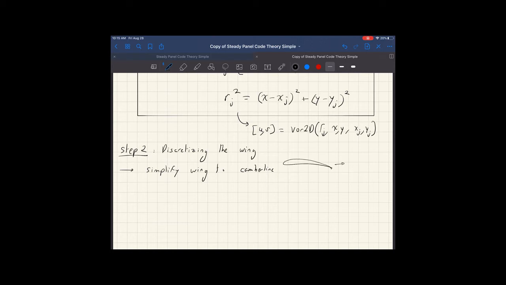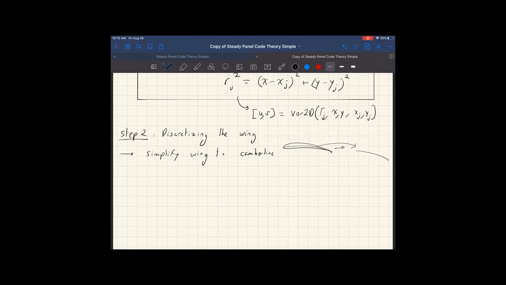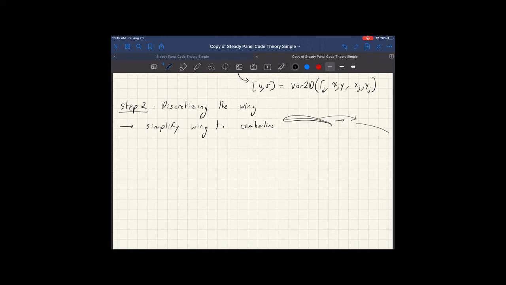You simplify it to just its camber line. And when you simplify to the camber line, the second step is you determine the coordinates of the camber line.